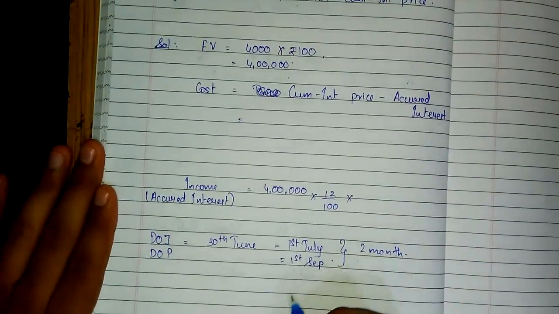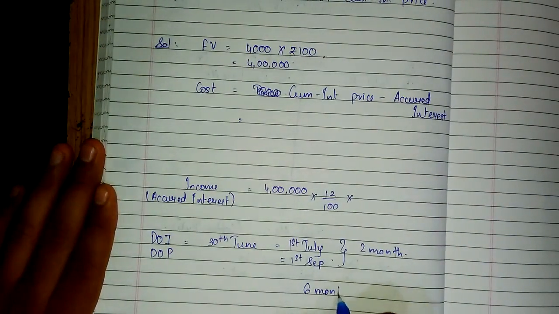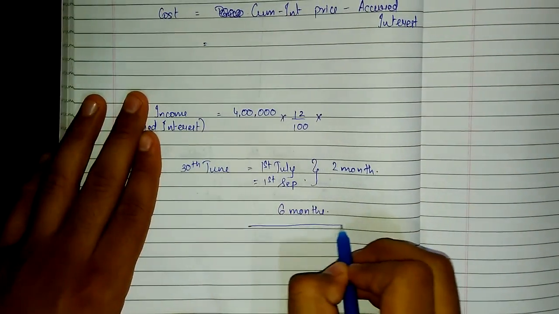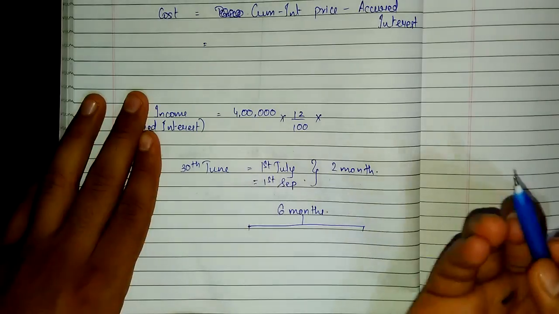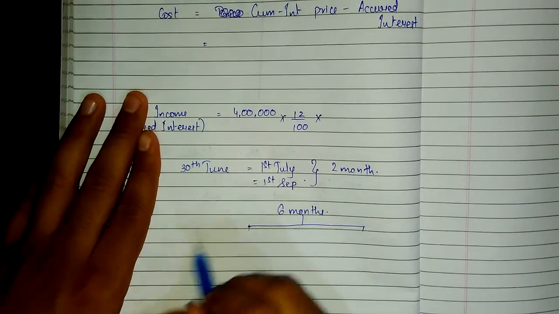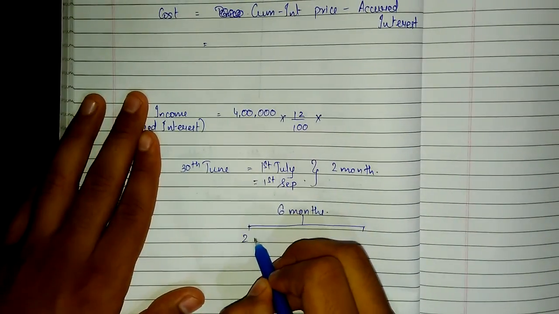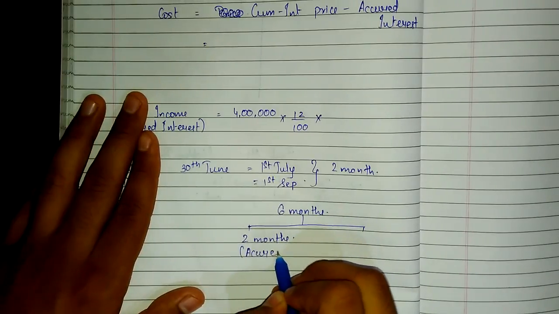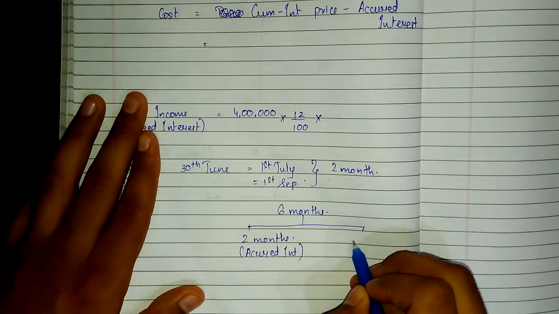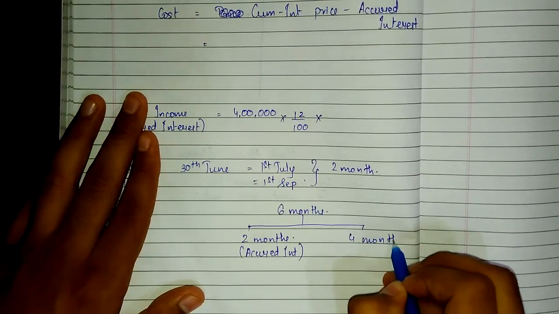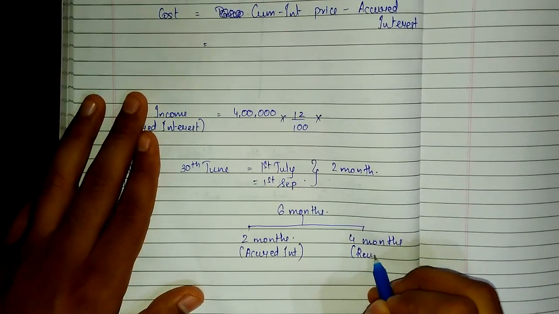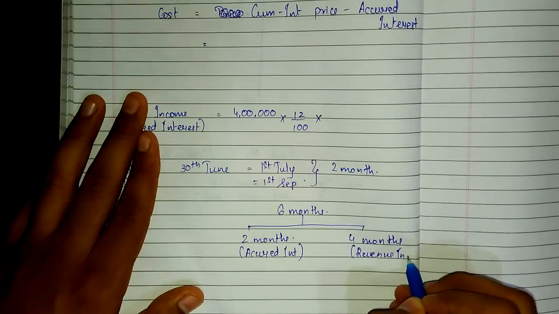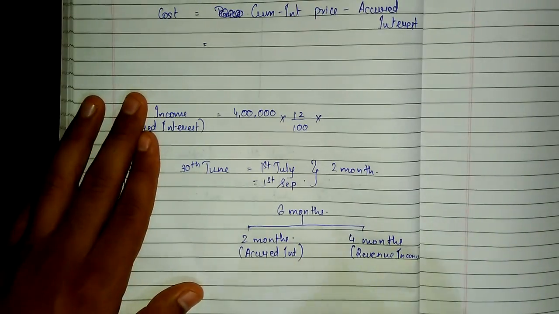That means in the later 6 months part, whatever the interest is, it will be divided in the ratio of 2 months, that will become accrued interest, and the later 4 months will become our revenue income. Okay, it will become our revenue income.